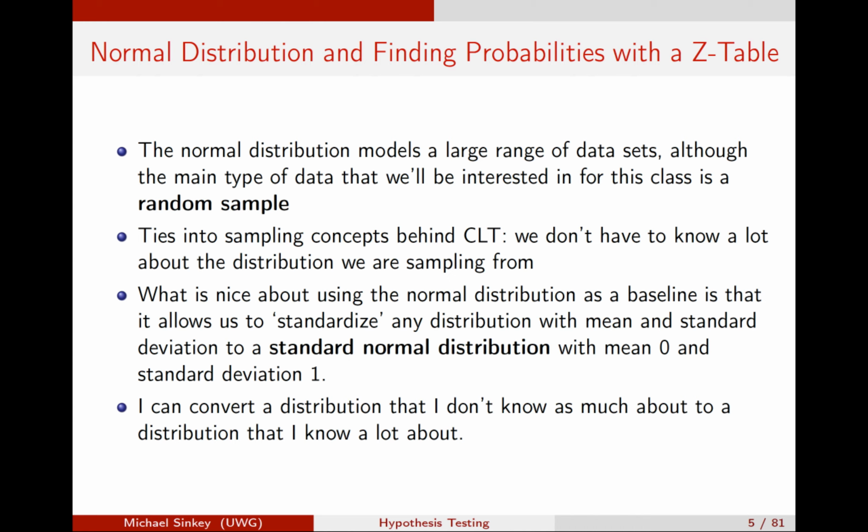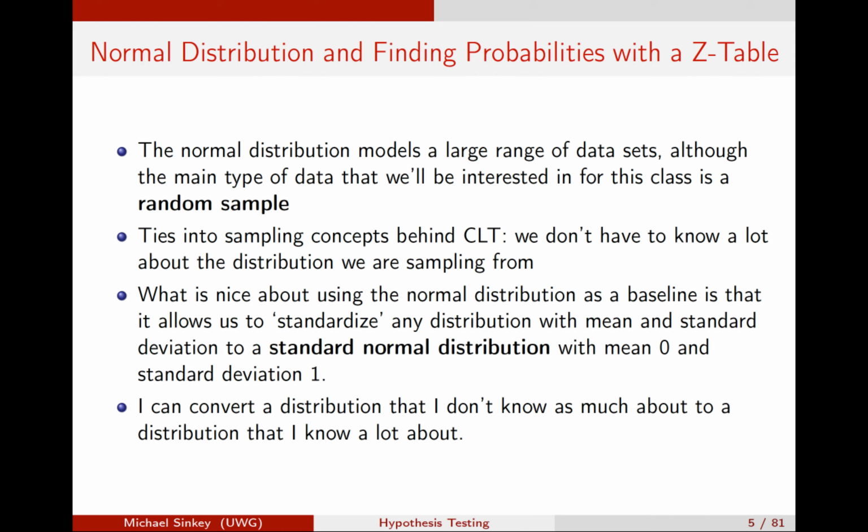And so the normal distribution models a large range of data sets, but we're really interested from a Stats 2 perspective in its capacity to model random samples. So random samples are how we get information about the world around us. I don't know very much about the world around me. How do I learn? I gather data.